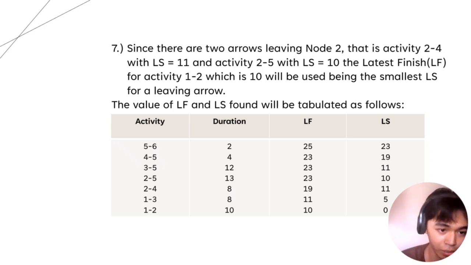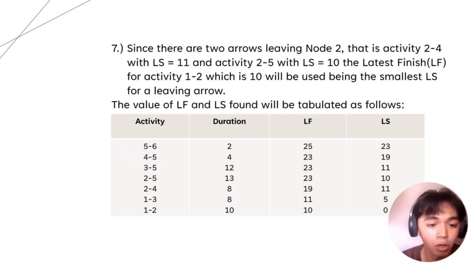So number 7, since there are two arrows leading to node 2, that is activity 2 to 4 with LS equals 11 and activity 2 to 5 with LS equals 10, the latest finish for activity 1 to 2, which is 10, will be used, being the smallest LS for a leaving arrow.